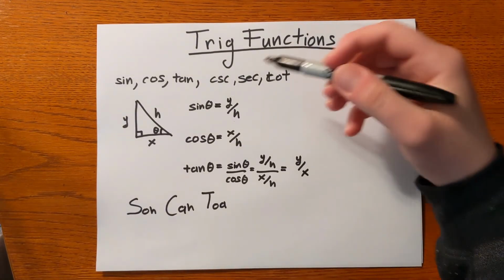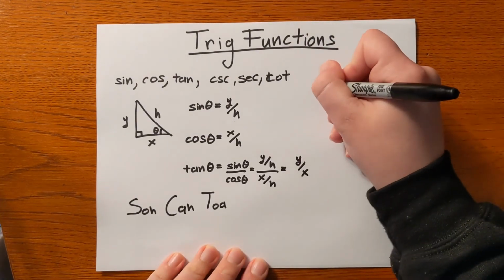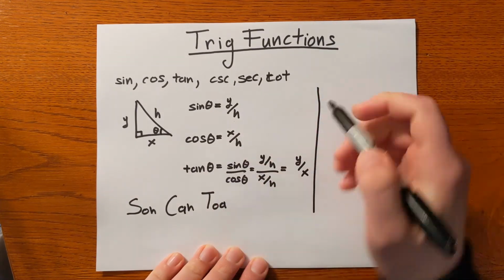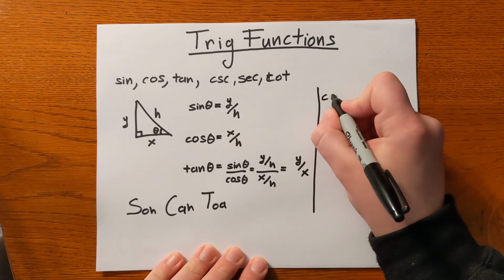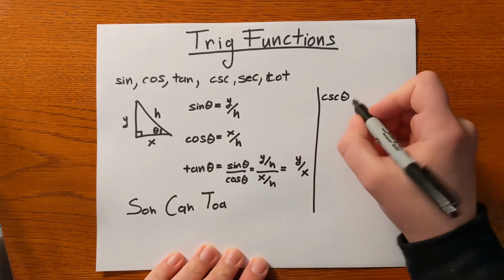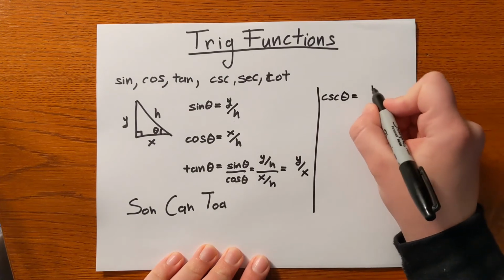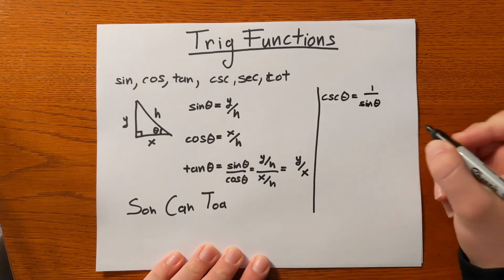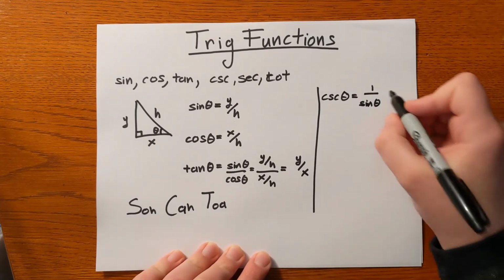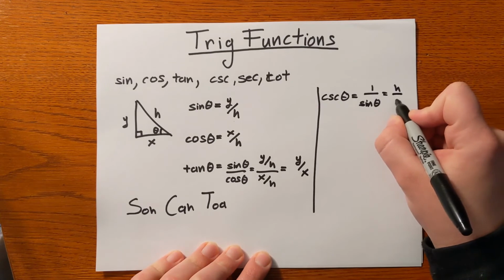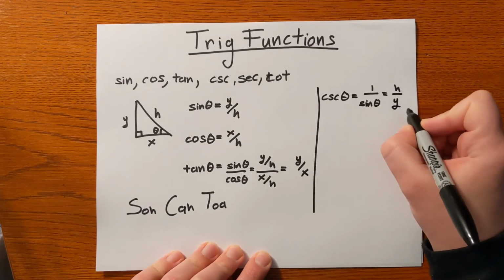So now the other 3 are each related to one of these. Cosecant, based on this same triangle, is 1 over sine of theta. That's just its definition. So that makes it the hypotenuse over the opposite side.